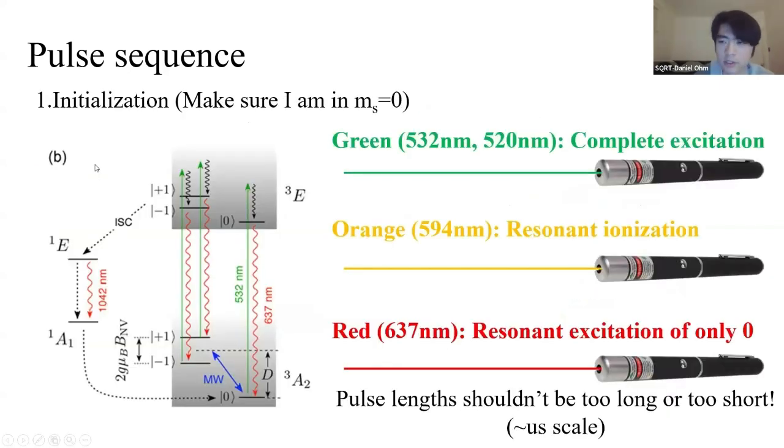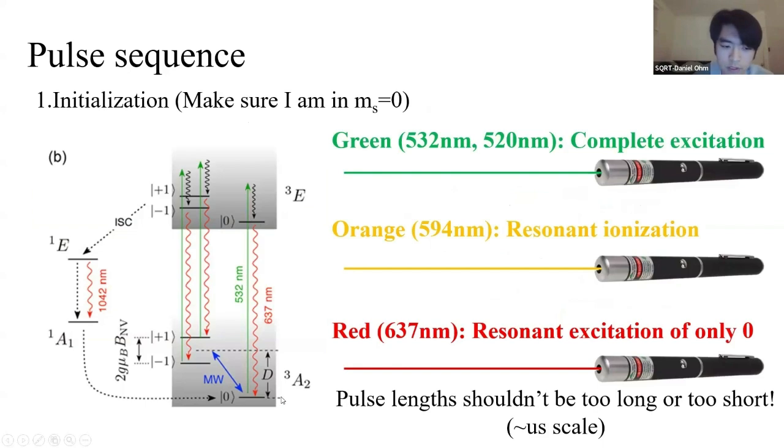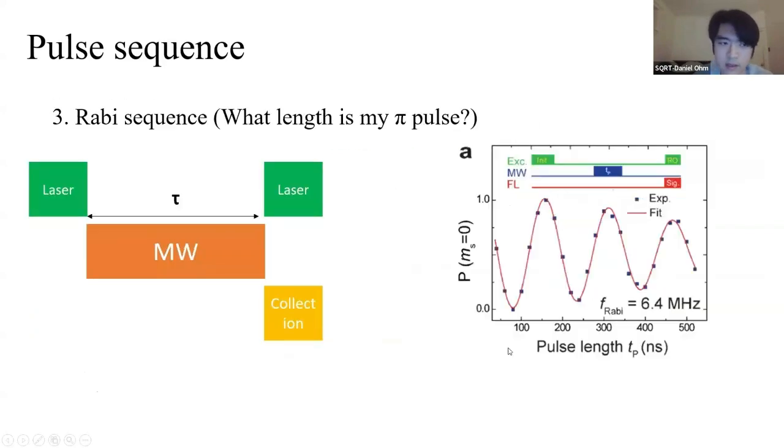So what we typically do is do initialization. Then you do CW-ODMR to find the frequencies of the ±1. This is basically characterizing your system. And the final thing you would do is what's called the Rabi sequence. How long is my pi pulse supposed to be if I want to actually change my state from 0 to plus or minus 1?